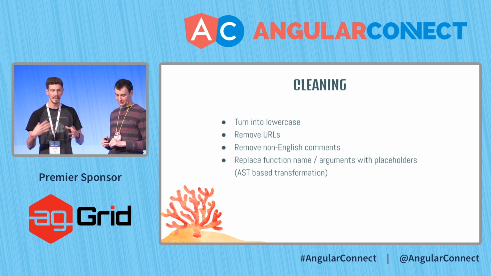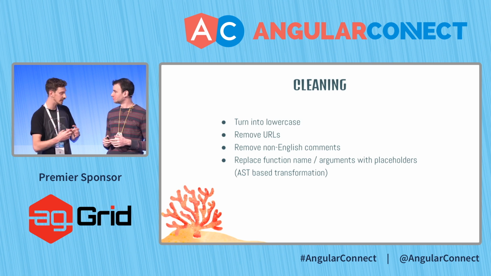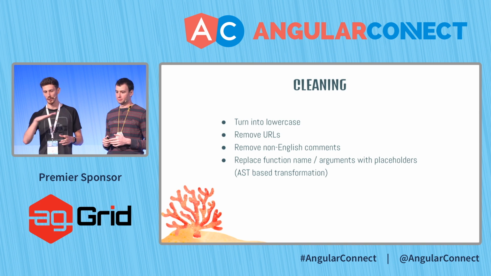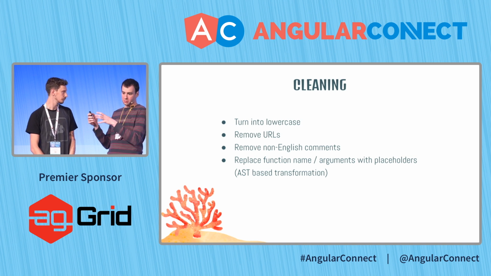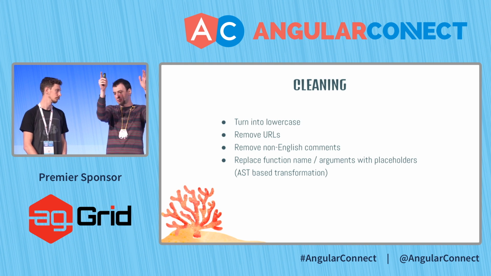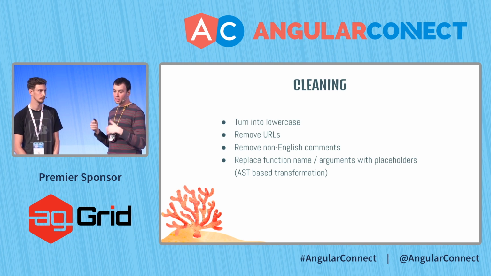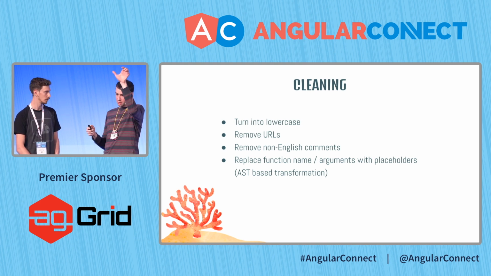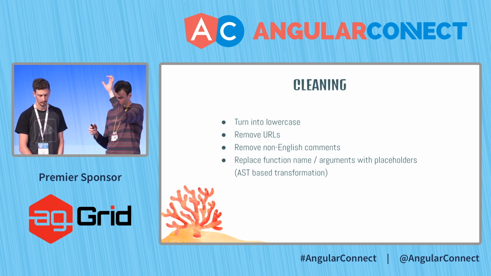Then, again to reduce noise and complexity, we replace function names and arguments with very generic placeholders, and we also do that on an AST basis. So the comments no longer contain the function names and arguments; they just contain function name placeholder and argument one placeholder. So it's easier for the model to understand that a specific word in the comment is actually one of the arguments of the function.